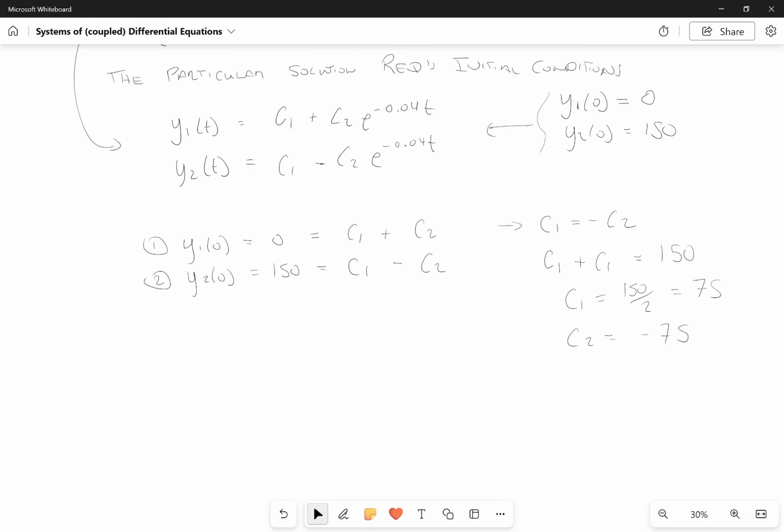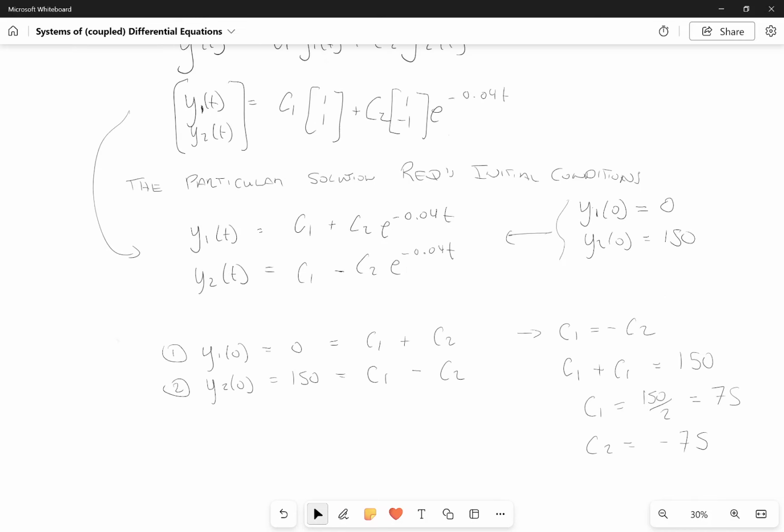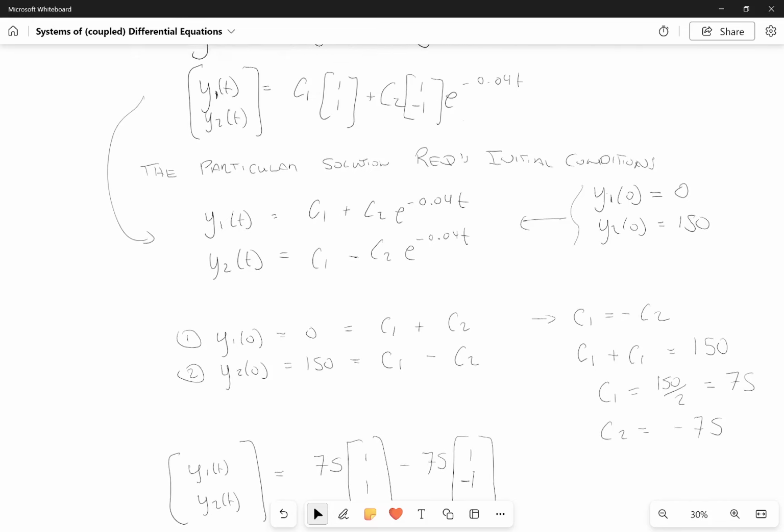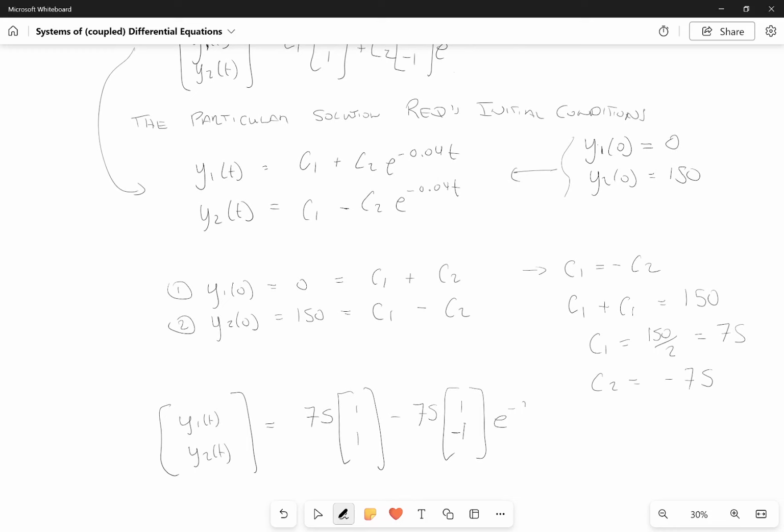So now we know C1 and C2. We can sub them back into our main system of equations. Here is y1 of t, y2 of t. We'll put it in matrix form. It equals 75 (1, 1), and then C2 is minus 75 (1, negative 1), then e to the negative 0.04 t. This becomes the solution to our differential equation.